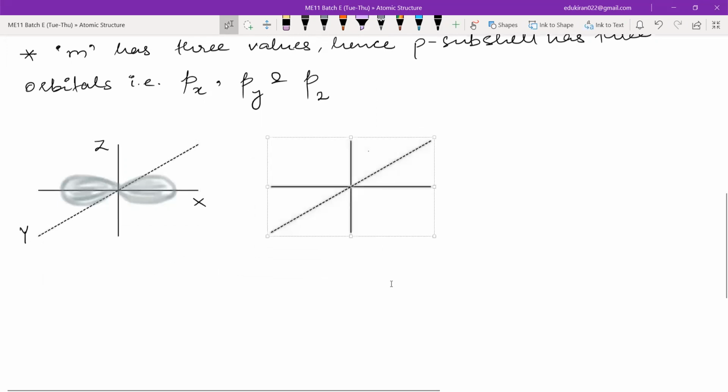Similarly, you can make the py. This is the x-axis. This is the y-axis.